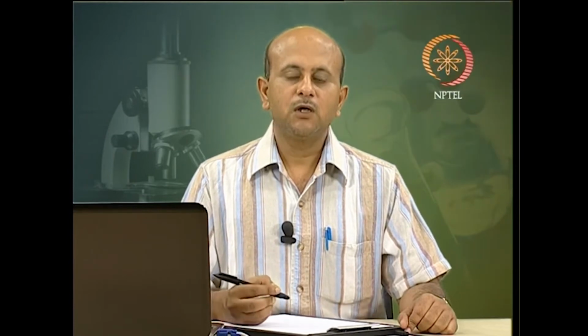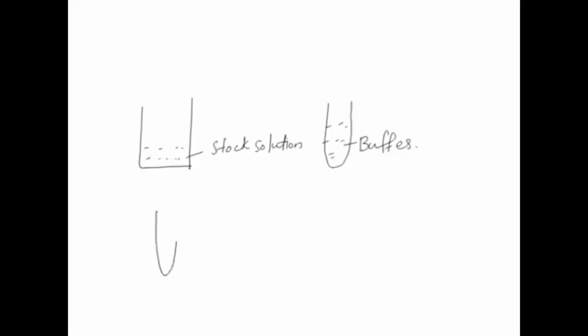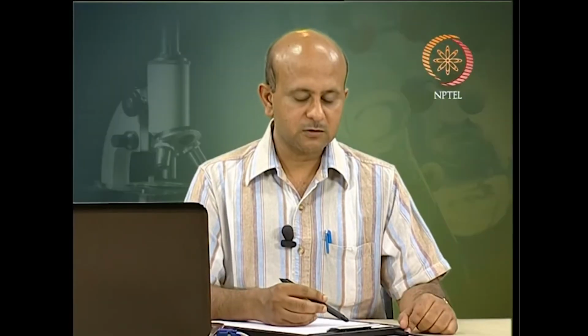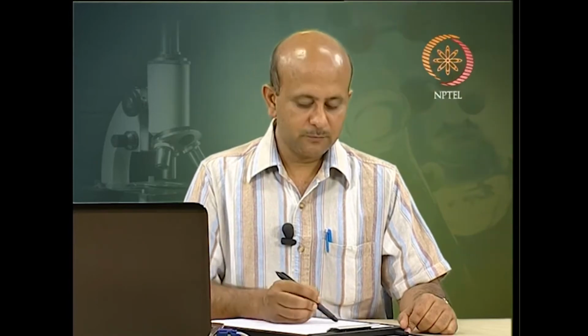So, as per your calculations, you will mix this, say you are making a 10% acrylamide gel. You will take the buffer, you will take a certain amount from the stock acrylamide solution, and you will be mixing here so that the final concentration is 10%. All right.